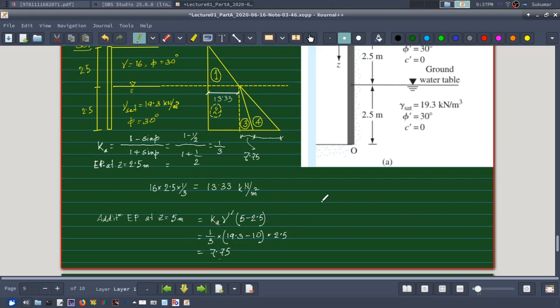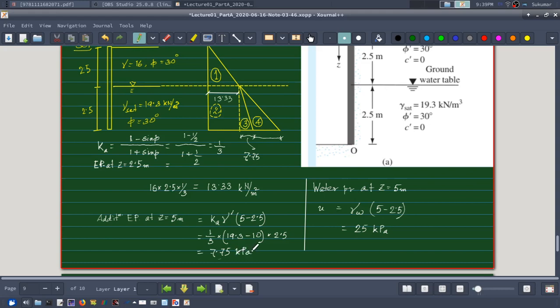The water pressure at z equal to 5 meter will be gamma W times 5 minus 2.5, that is my U. I'm very sorry, this is gamma W, this is 10 into 2.5, so it is 25 kilopascal. So all are kilopascal.